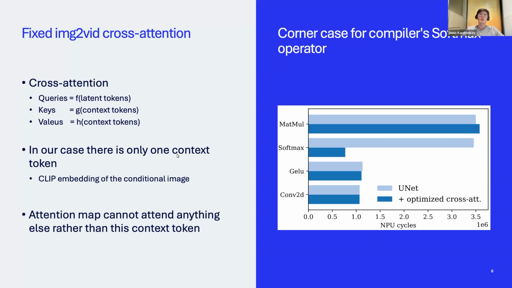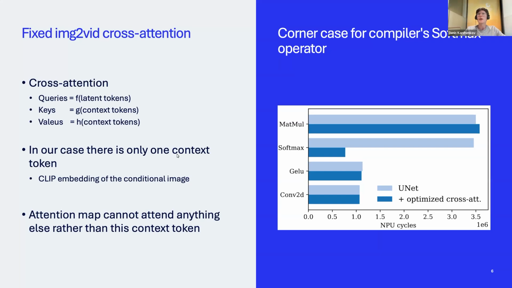However, when we tried to deploy our model on device without removing this redundant cross-attention operation, we faced a corner case for the softmax operation in the compiler that required a lot of memory for some reason. To be honest, we don't really understand the reason for such behavior, but our model still produced the out-of-memory error when we tried to deploy it without this modification.